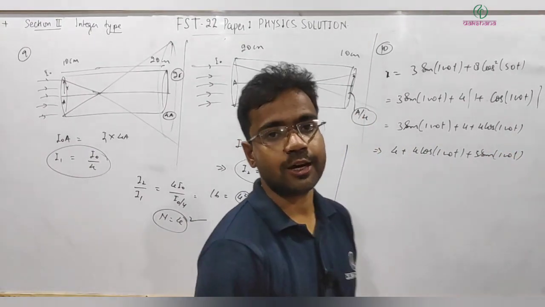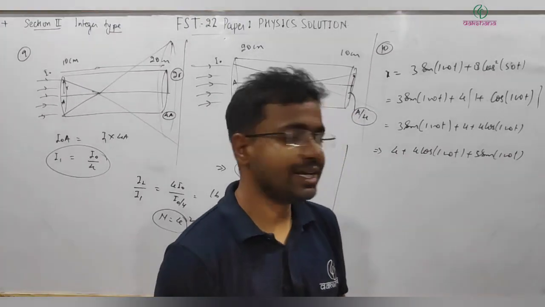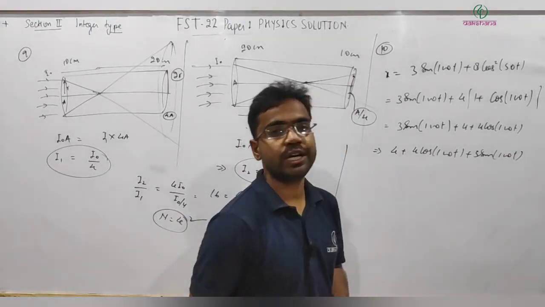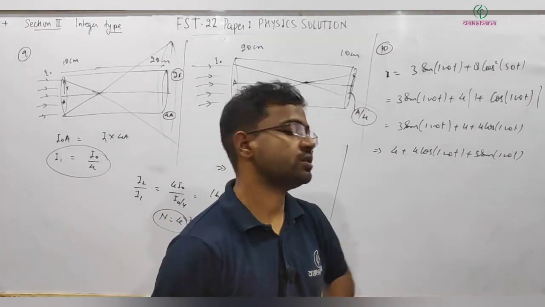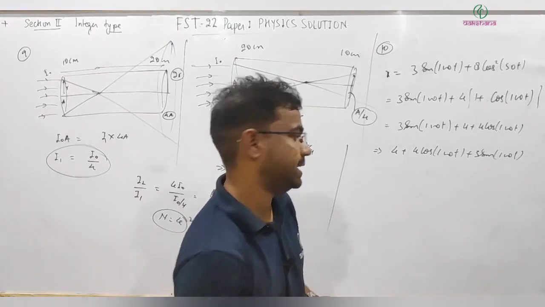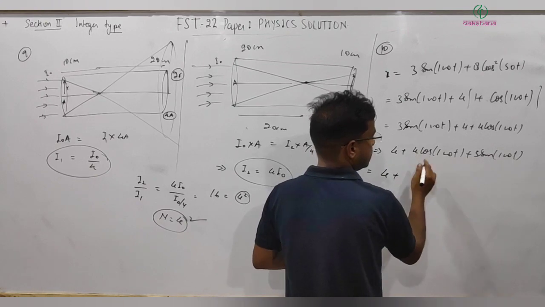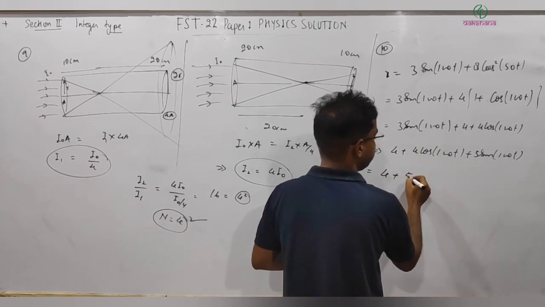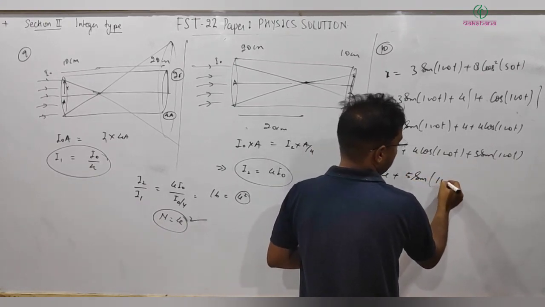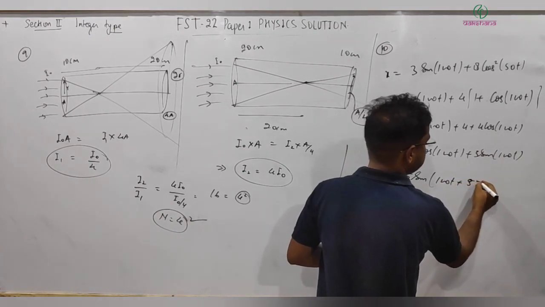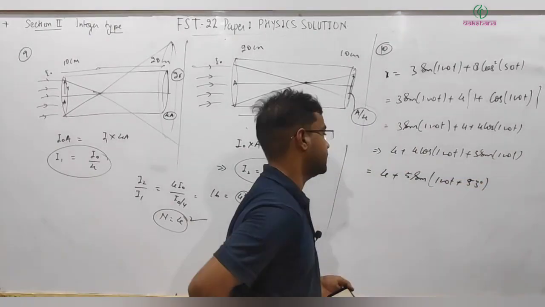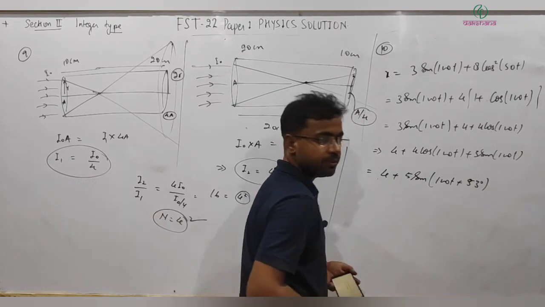A cos theta plus b sine theta can be written as under root a square plus b square times cos of omega t plus some phi. So actually this can be written as 4 plus under root of this square plus this square, that is 5, times sine of omega t plus a phase, which comes to 53 degrees after solving. So it's asking about the maximum value.